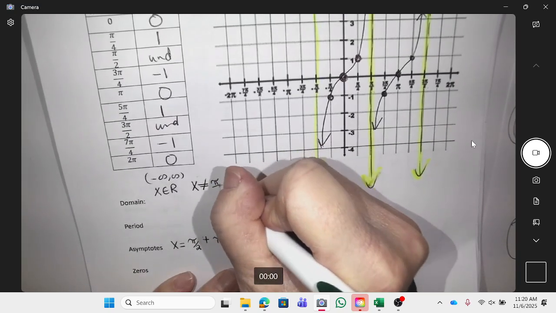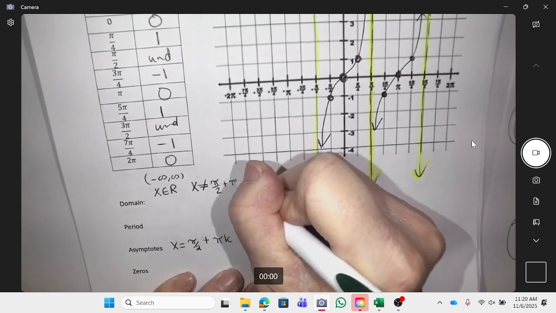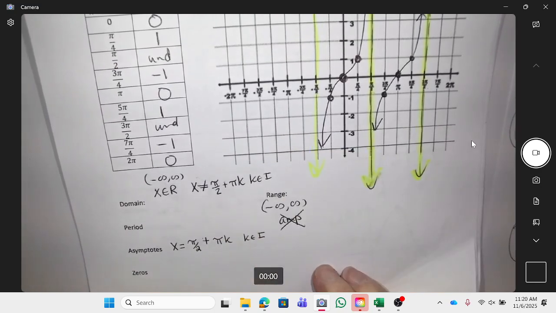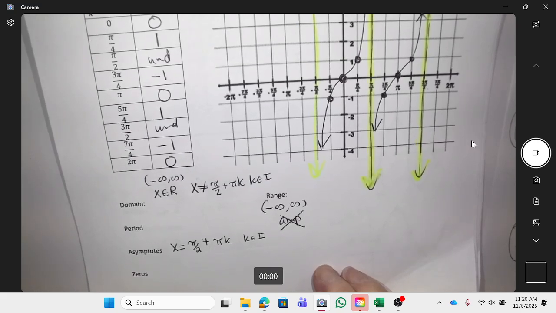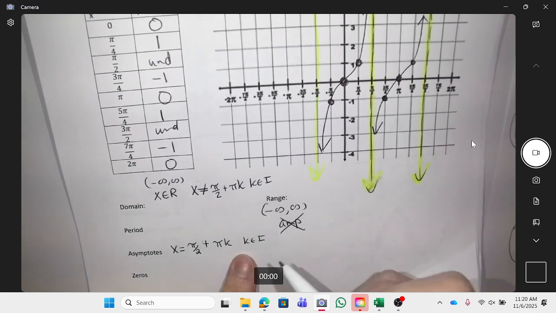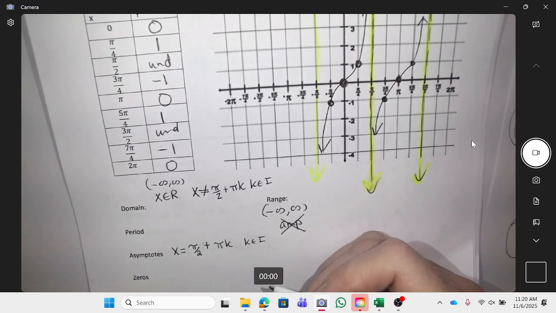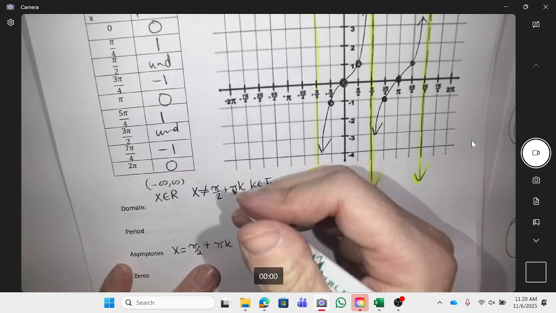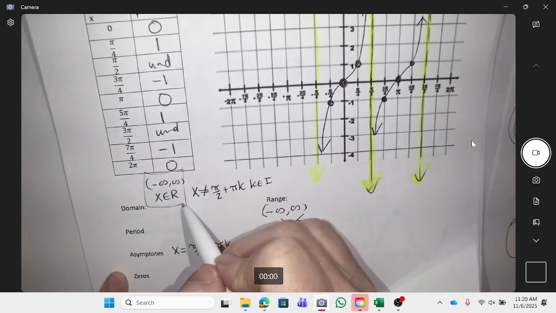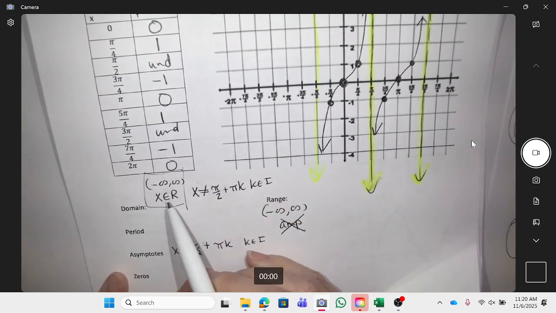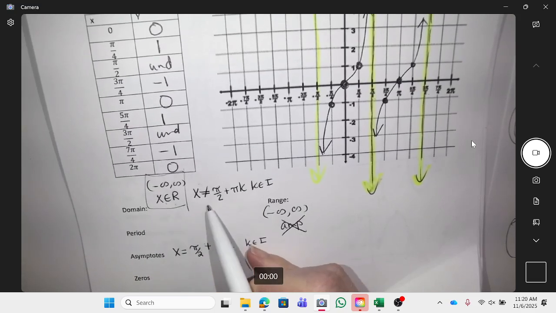You cannot be at pi over 2 or any pi distance after that either. Okay, so this is the location of the asymptotes. So in our domain, we have to take that out of our domain. So you can write, this means the same thing. X is an element of any real number except.